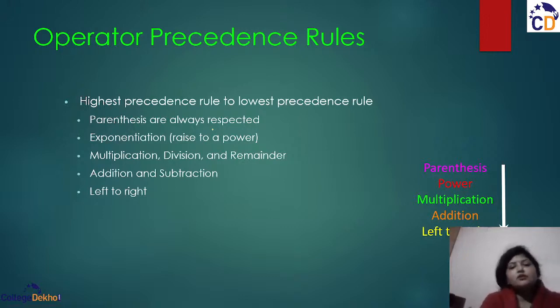Then we need to expand the power, whatever is the exponent of any number, we solve that. Then multiplication, division and remainder are the third precedence. Then we have addition and subtraction, and again, it is evaluated from left to right. Why from left to right? Because it is following the BODMAS rules itself.